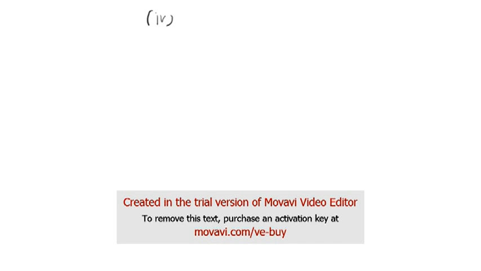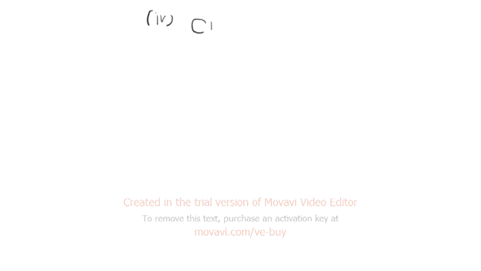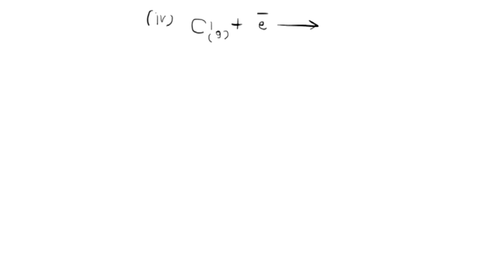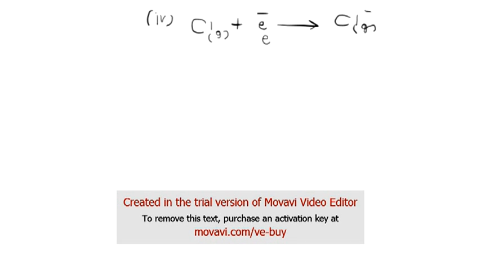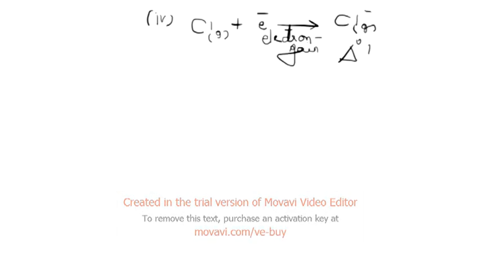So let us find the electron gain enthalpy of chlorine. One electron is gained by chlorine, and this results in the formation of the chloride ion.